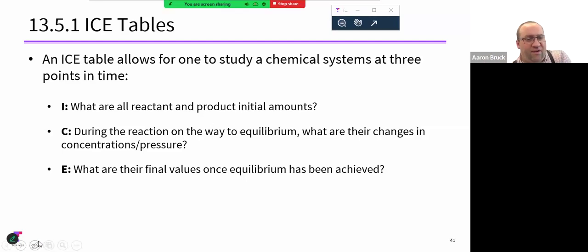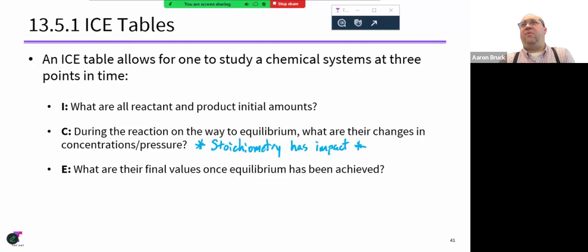Now, one thing that we want to definitely include here is that the stoichiometry of the equilibrium does have an impact on the change.